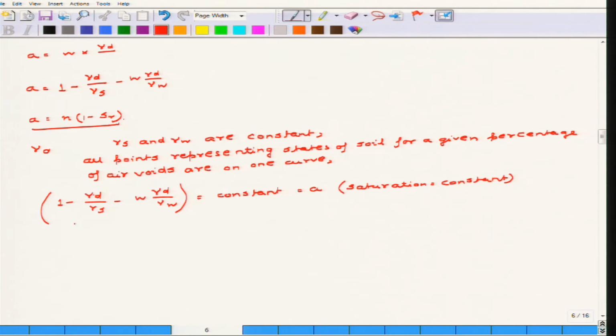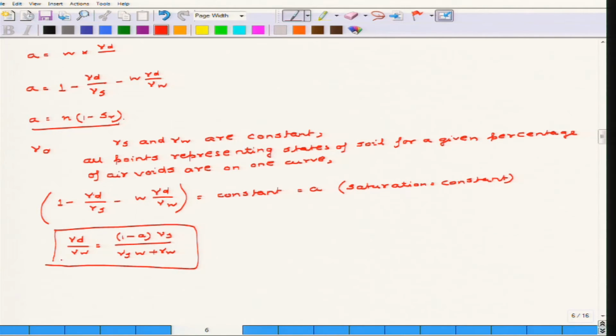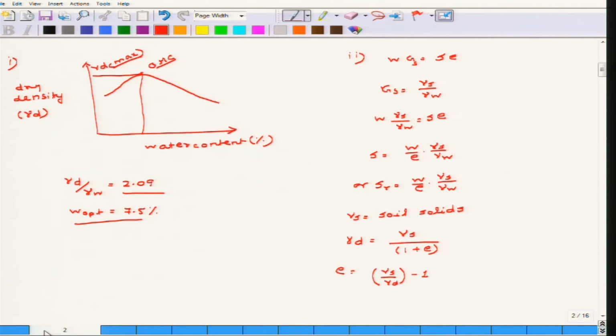So, we can write this as gamma D by gamma W equal to 1 minus A into gamma S divided by gamma S into W by gamma W. This is called the saturation constant curve, which has already been discussed in the slides. These curves may represent 100% saturation, 90% saturation, and 80% saturation as well.